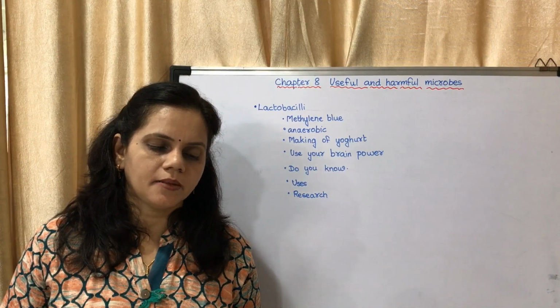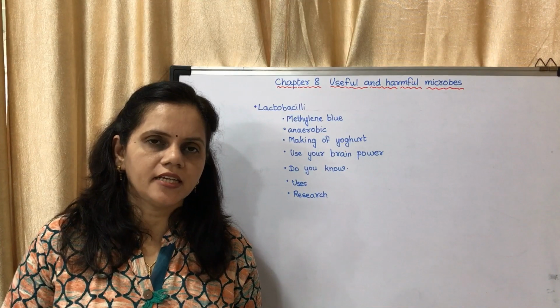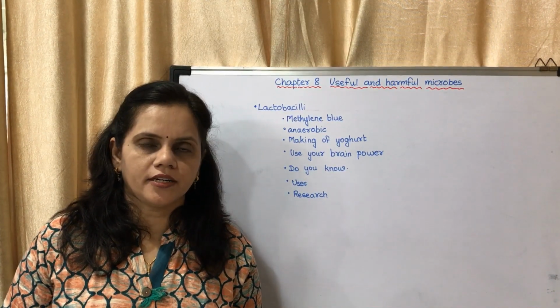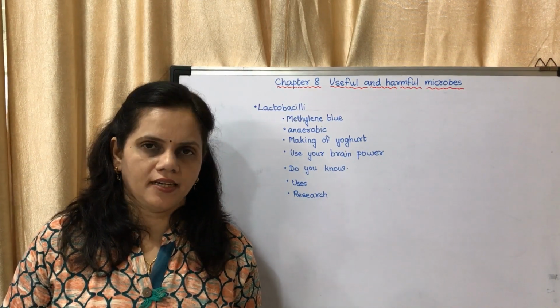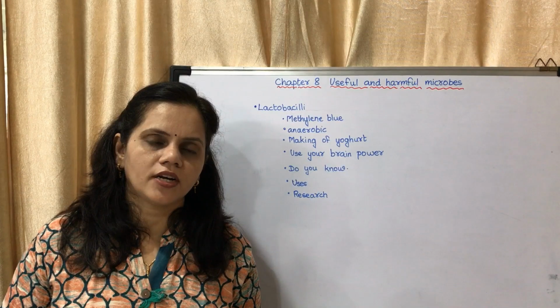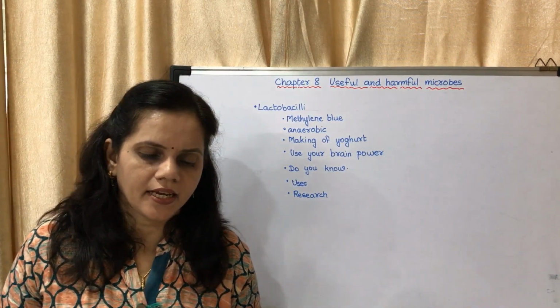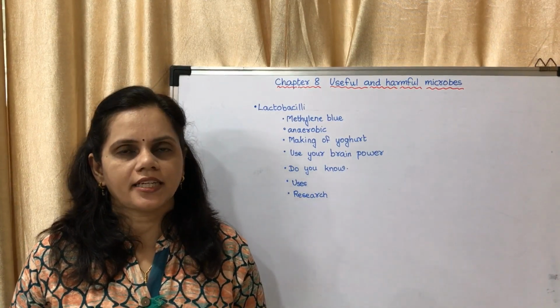Lactobacilli and some other useful microbes taken together are used to treat abdominal discomfort. Leavened fodder. Okay, fodder means chara. It is the food of cattle, the food we give for cattle. Leavened fodder offered to domestic cattle like cows and buffaloes is fodder fermented with the help of lactobacilli.